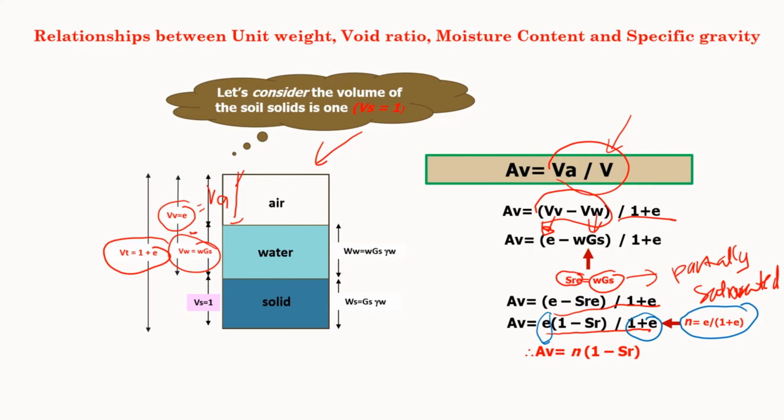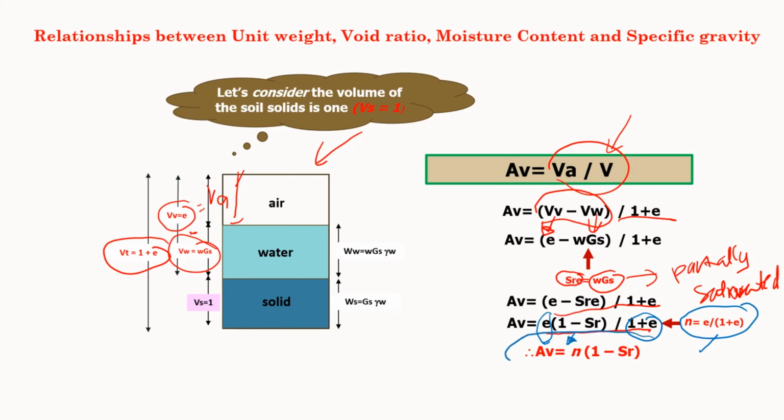Just look back at our discussion in lecture 1, soil composition, if I'm not mistaken in part 1. We know that there is a relationship between void ratio and porosity, where porosity can be calculated as e divided by 1 plus e. So we simplified this one and it becomes this.